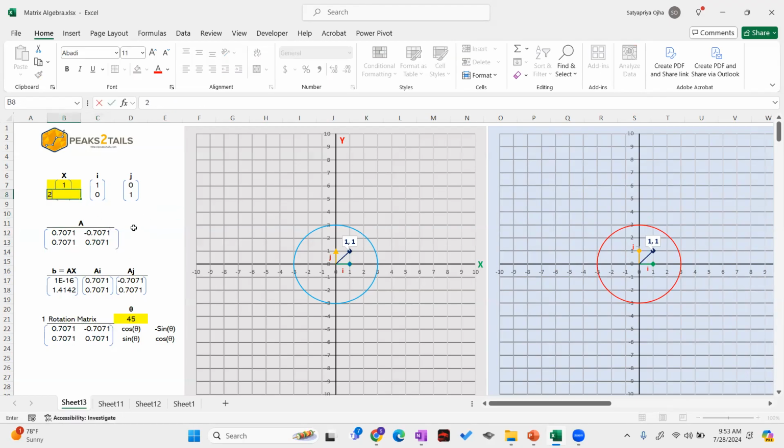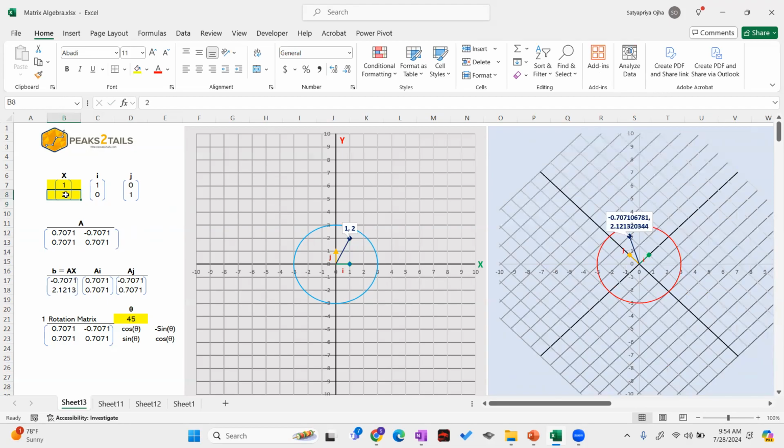There is some lag. One second. We'll fix that. Right? So it will coincide with the y-axis. That is what you have seen. The whole space has been rotated by 45 degrees. The x coordinate is almost 0, 10 to the power minus 16. This is numerical error.